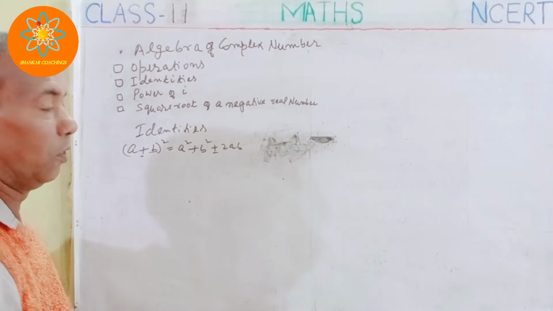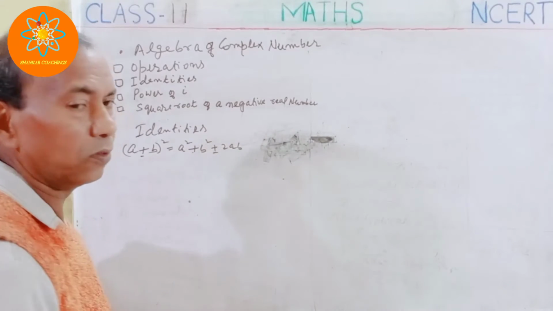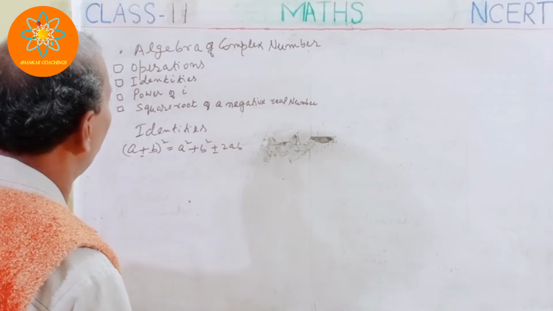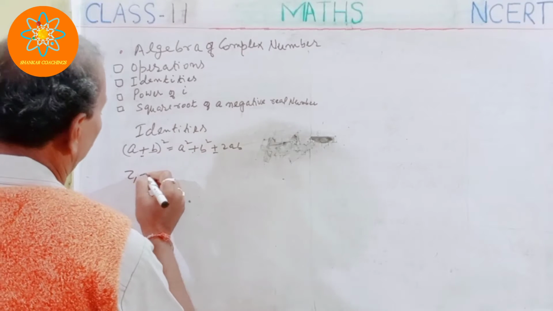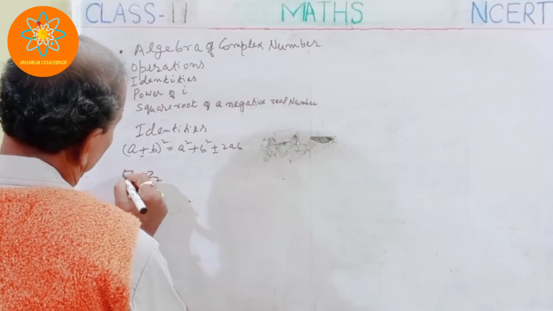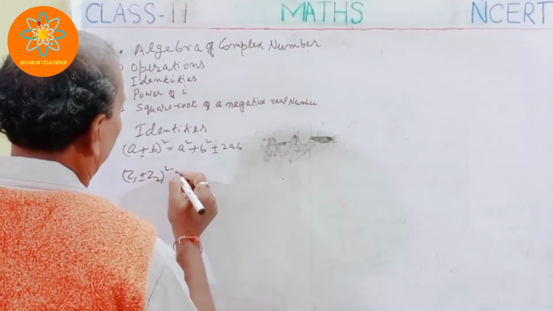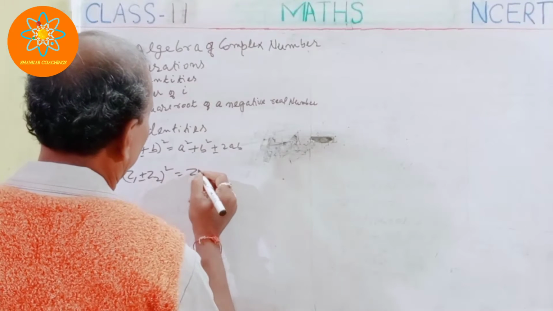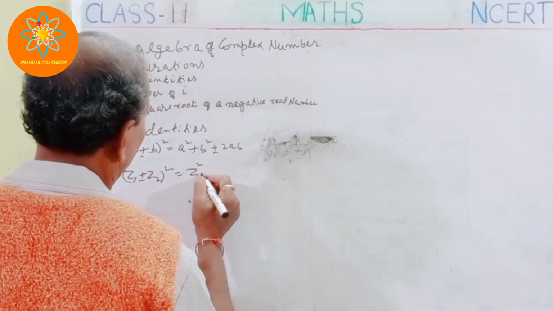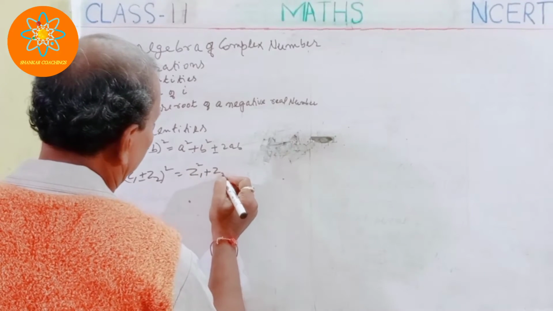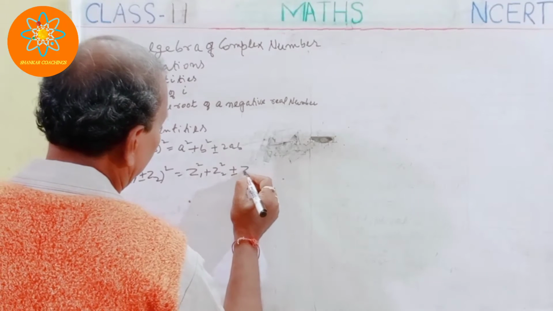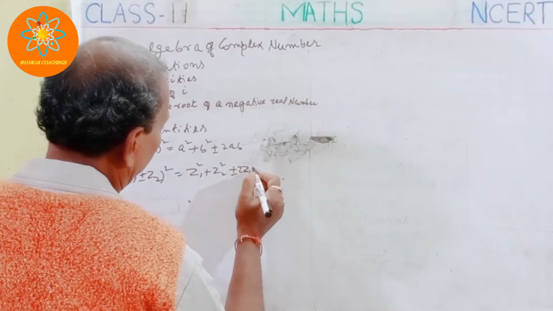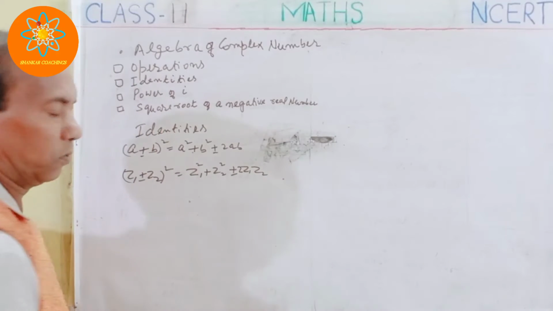So let's suppose z1 and z2 are the two complex numbers. So z1 plus minus z2 whole square is equal to z1 square plus z2 square plus minus 2 into z1 into z2. So this is the one identity.